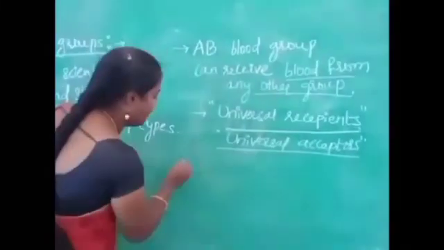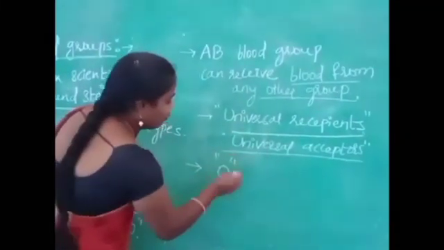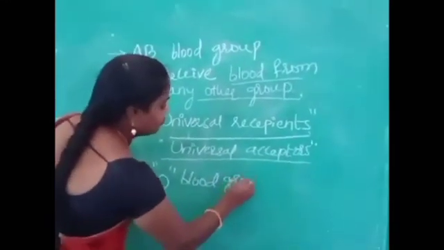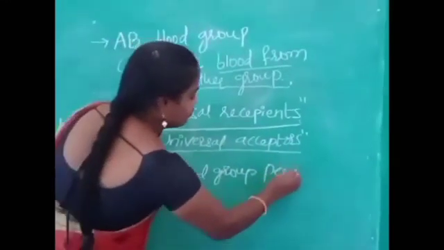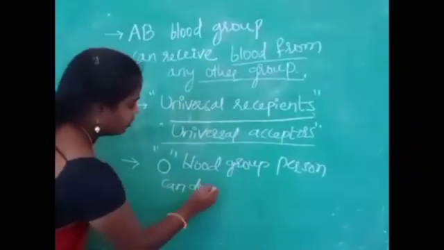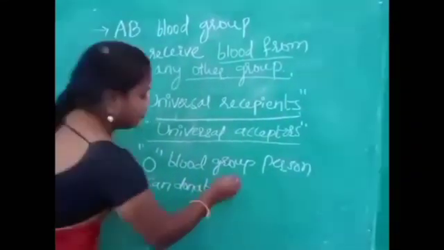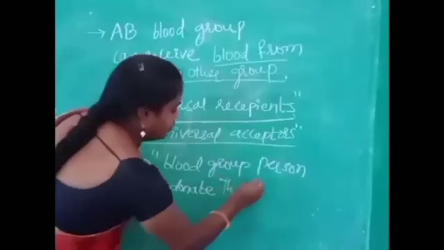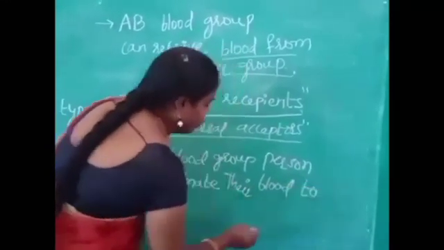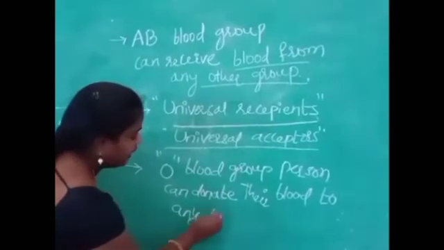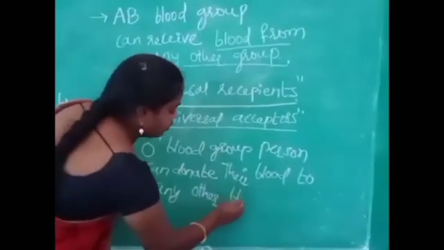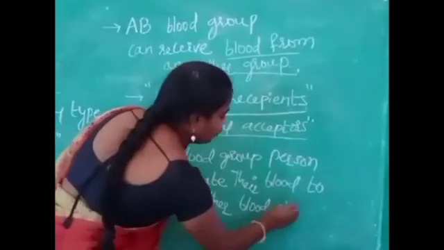Next, one more point. The O blood group person can donate blood to any other blood group person.